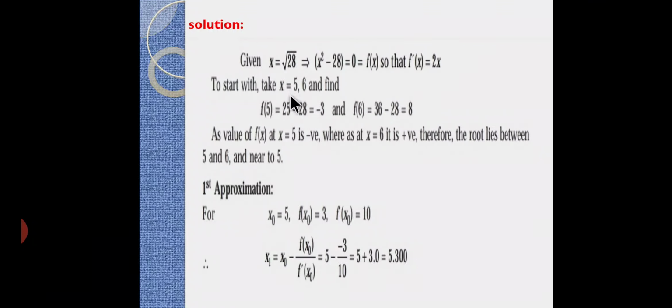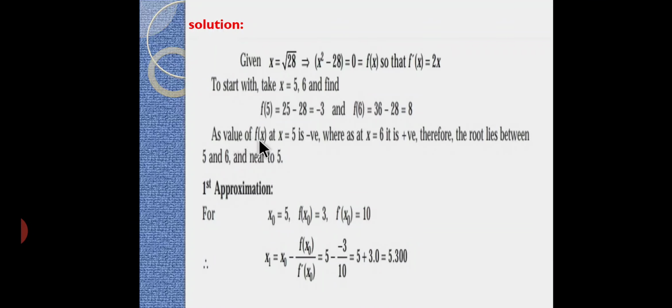At x is equal to 5, the value of f of 5 is equal to 25 minus 28, that is equal to minus 3. And at x is equal to 6, the value of f of 6 is equal to 36 minus 28, that is equal to 8.